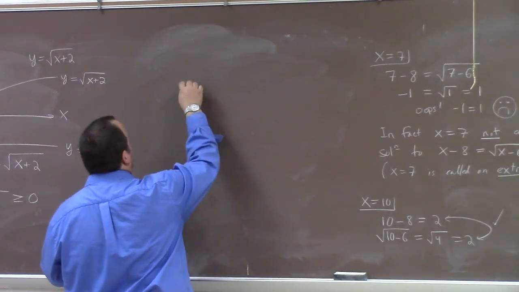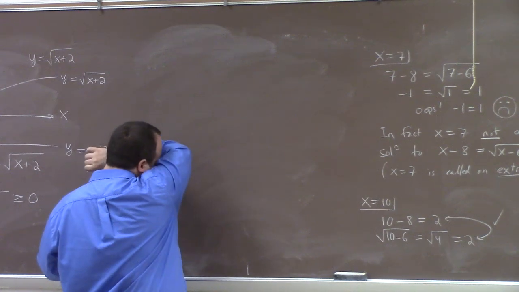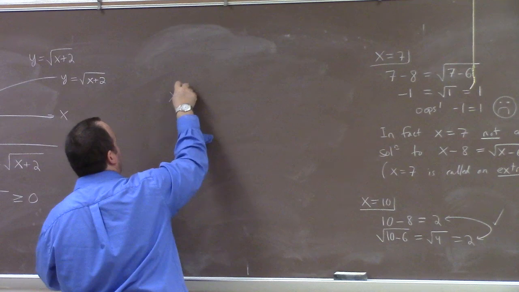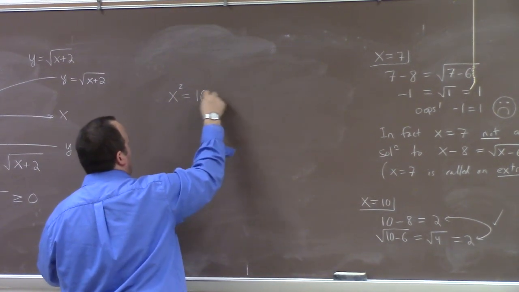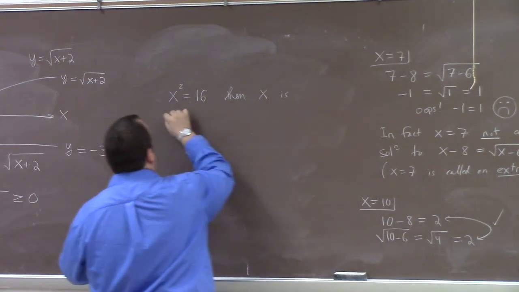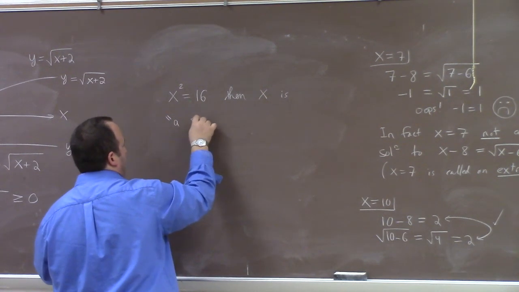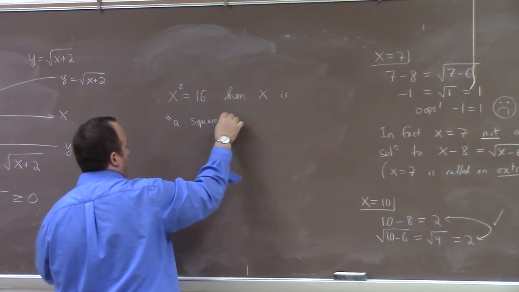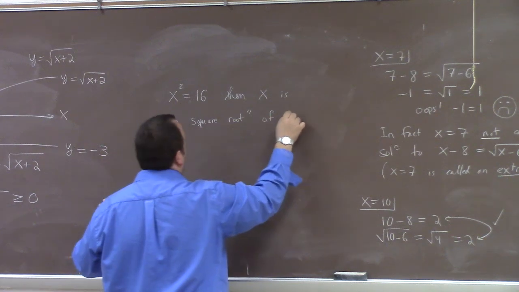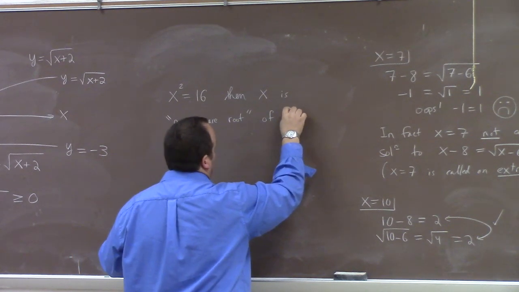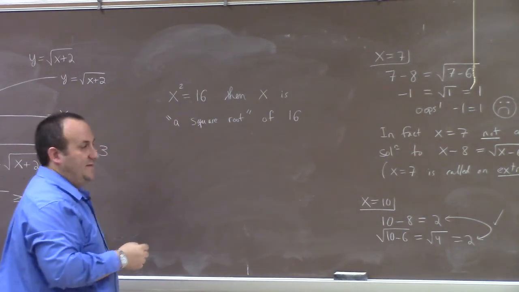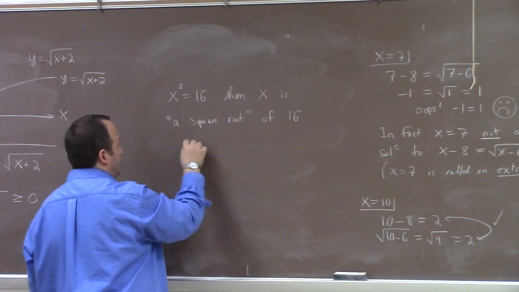So, for example, if x squared is equal to 16, then x is, quote unquote, a square root of 16, right? Well, what are the solutions?